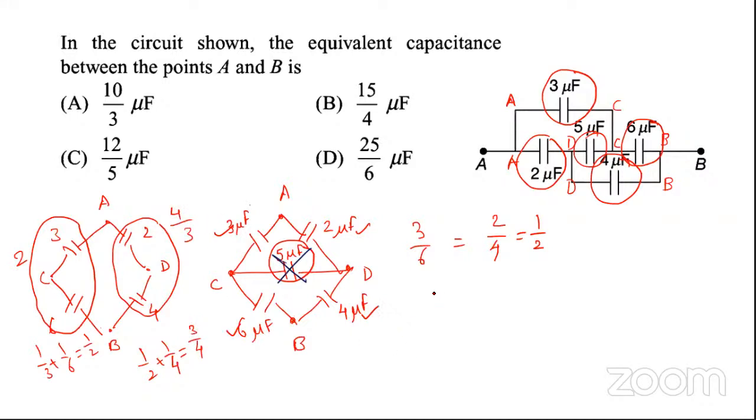So now we have a parallel combination of two capacitors, 2 and 4 by 3, and when it's parallel we add both of them. So 2 plus 4 by 3 is 6 plus 4 by 3, that is 10 upon 3 microfarads.